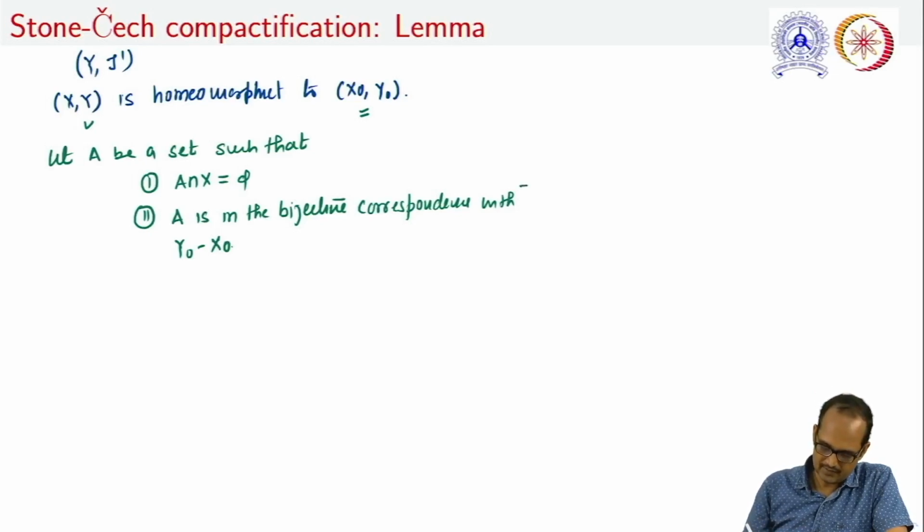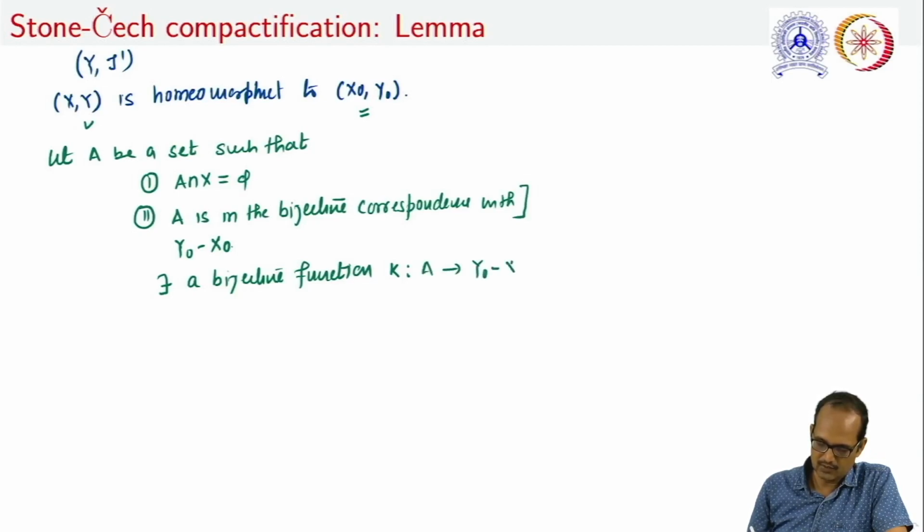It means that there exists a bijective function. Let us denote that bijective function by k from this A to the set y naught minus x naught.